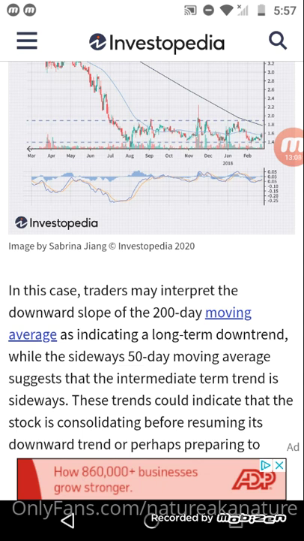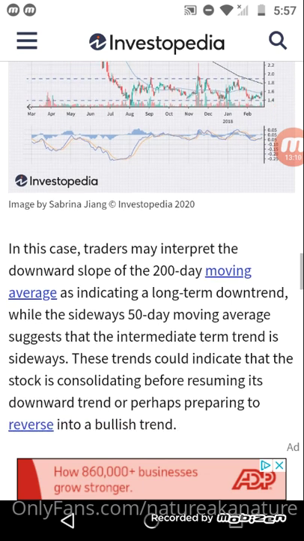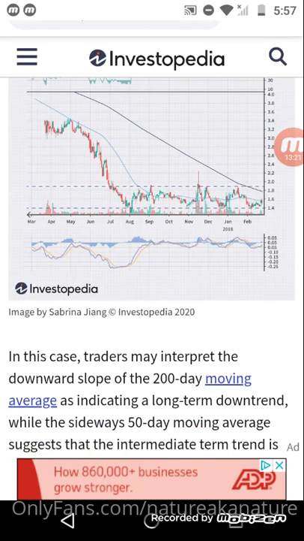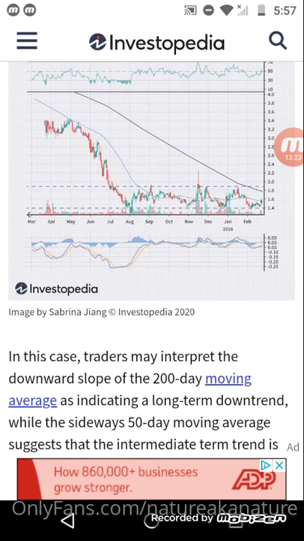They had two moving averages on there. As you can see, the black line is that 200 moving average, and then they also had a 50-day moving average. My moving averages are a little different. I'm going to show you all my numbers of my moving averages and stuff.